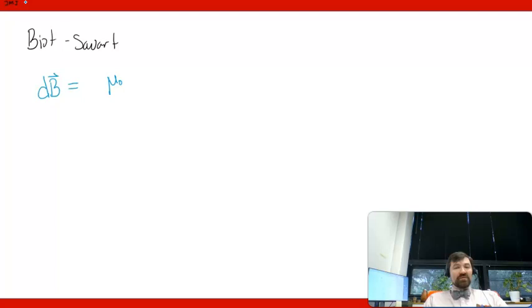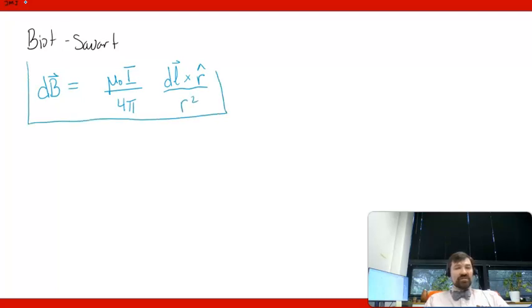So we have mu naught times I divided by 4 pi, and then the differential portion is this little cross product, dl cross r hat, divided by r squared. This right here is your Biot-Savart law.